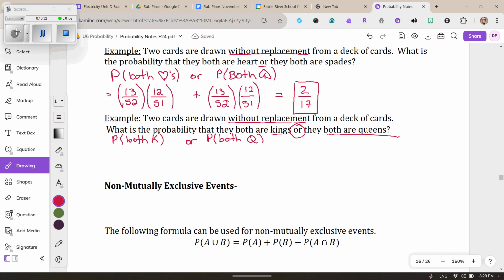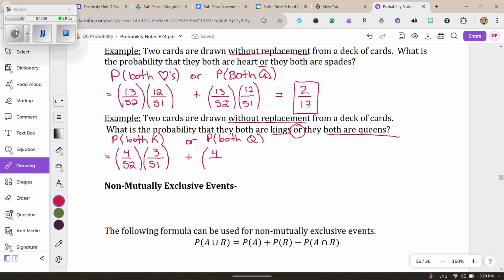So remember that the and means multiply and the or means add. So the probability of my first king is going to be 4 out of 52. Because we did not replace that king that we just drew, we now only have 3 out of 51 cards. And we are going to add it to the probability that they are both queens.